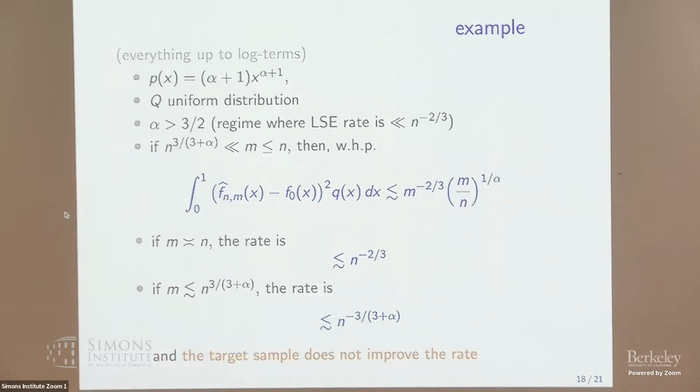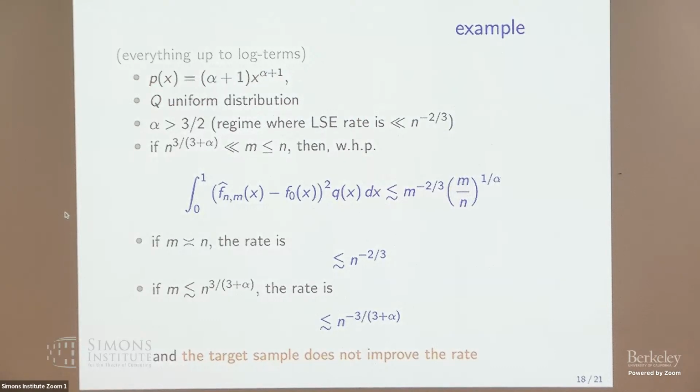And here we have one example where we show that in a bit more precise way. So think about the same scenario as before. The source distribution has a density that goes to 0 at 0, driven by the parameter alpha, and the target density is uniform.